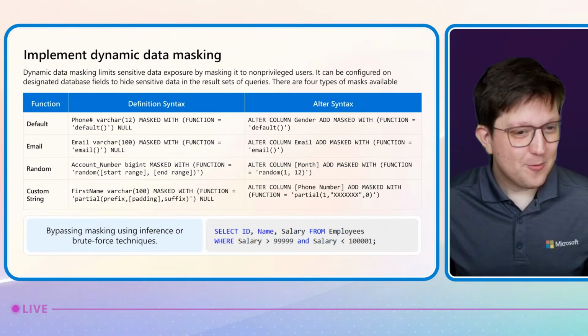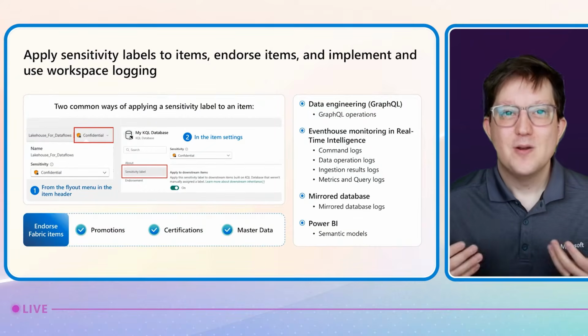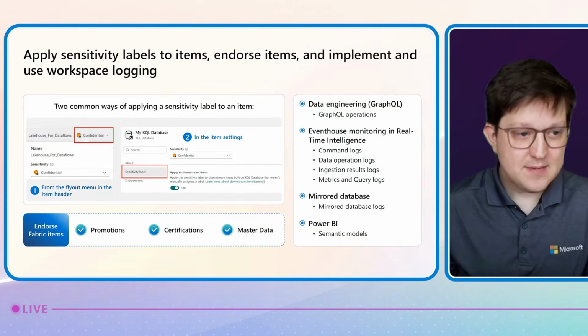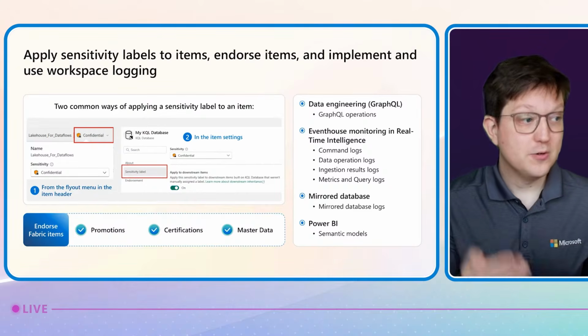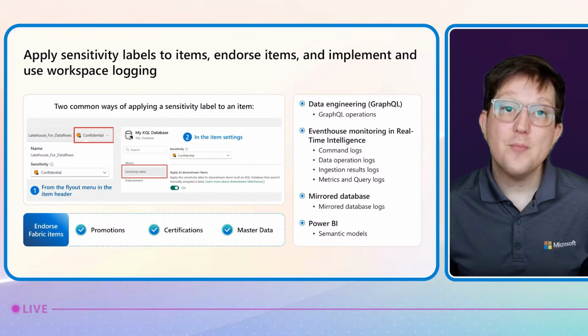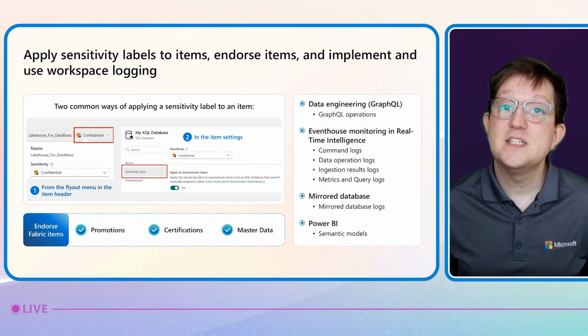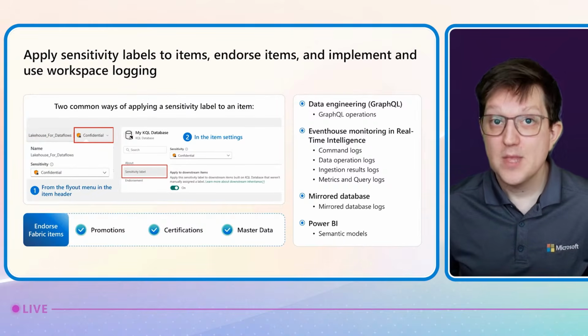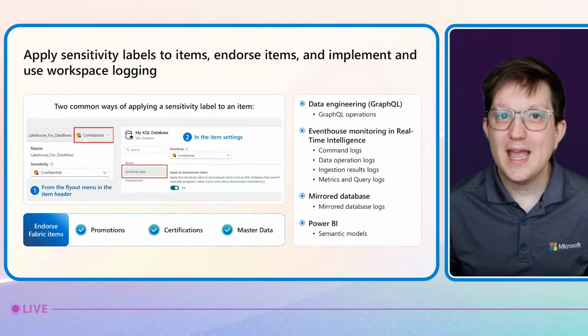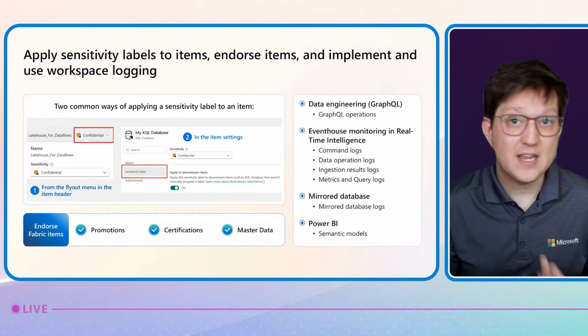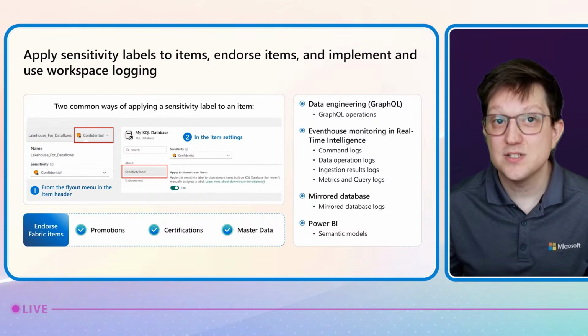Okay, now within all of these governance frameworks, we still have a sensitivity system that we can utilize. The same sensitivity labeling system that we use on emails, Teams messages, and within our Purview stack also applies to our Fabric space. You can apply sensitivity labels in a couple of different ways. There's a flyout menu on the item header, and in the item settings, you can endorse Fabric items via promotions, certifications, and master data designations.